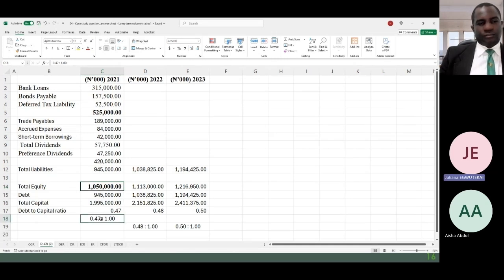So what do we have left? 1 minus 0.47 is 53. 53% belongs to total equity. So it's kind of close.